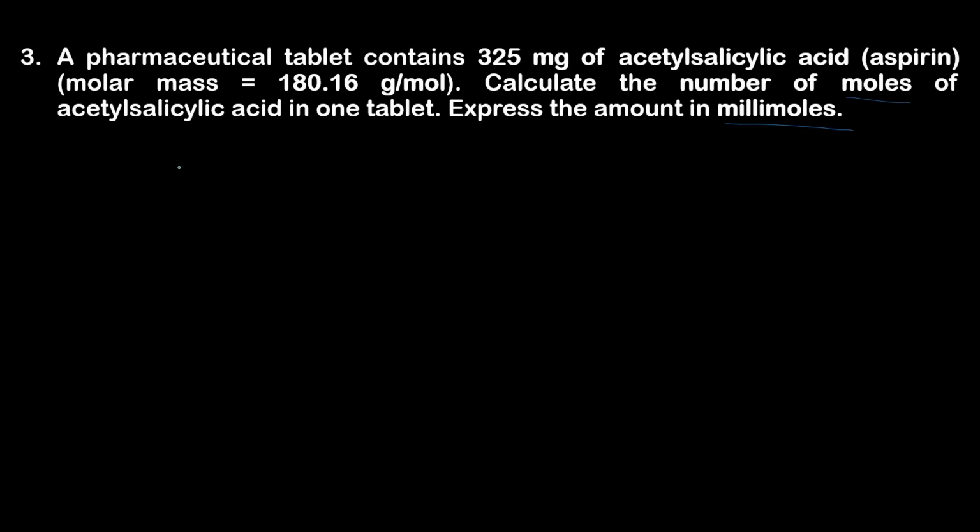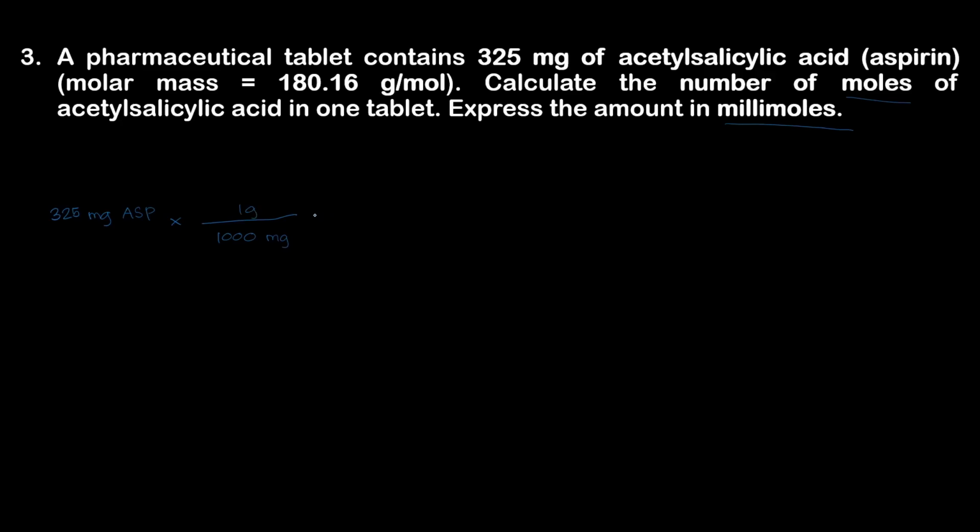But we were given the molar mass, so we just focus on solving it with this given molar mass. So like the previous questions, let's start from the given mass. We want to convert it first to grams because we were given the milligrams. 325 milligrams of aspirin, or let's say ASP. Okay, let's convert it to grams first. 1000 milligrams is 1 gram.